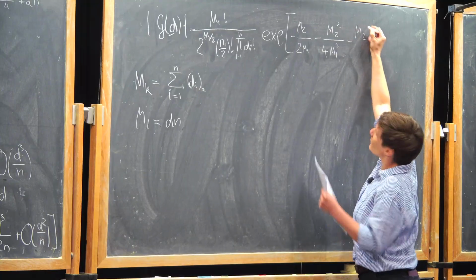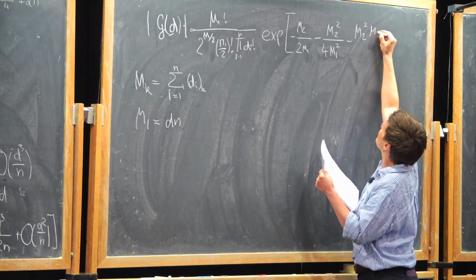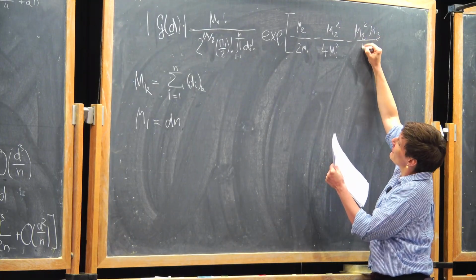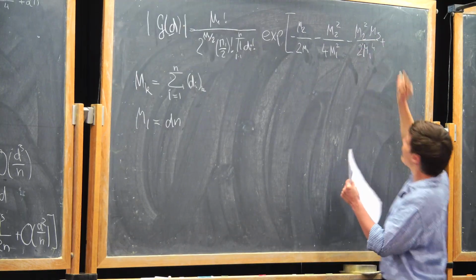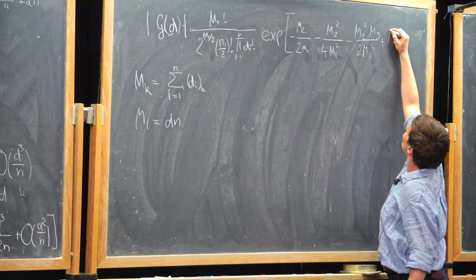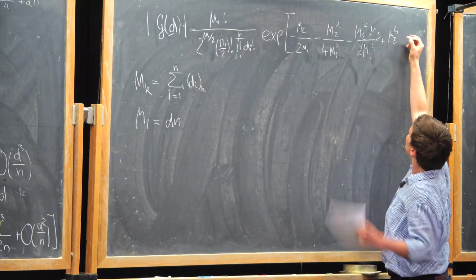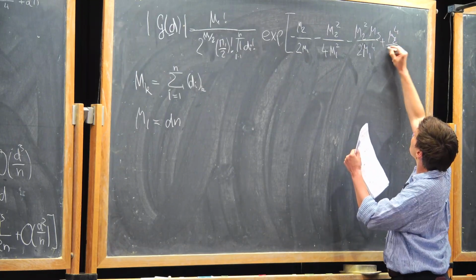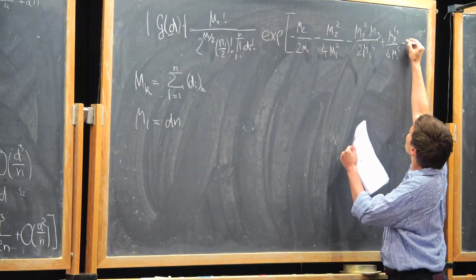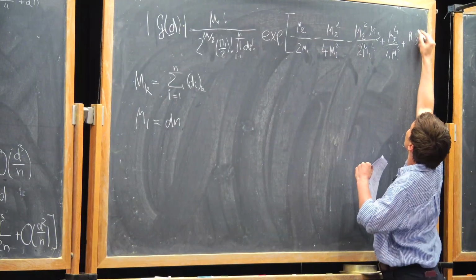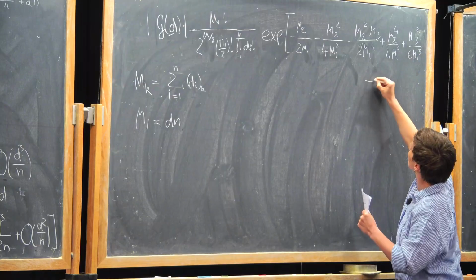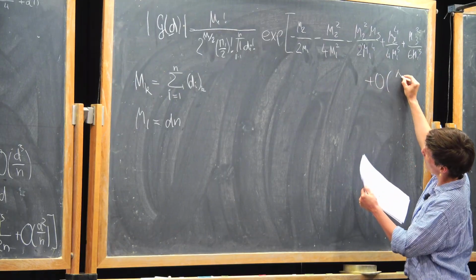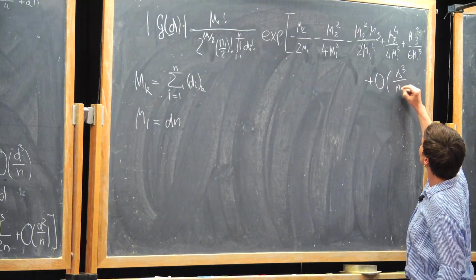And then minus m2 squared m3 over 2m1 to the 4, and then there come two more terms, m2 to the 4 over 4 m1 to the 5 plus m3 squared over 6 m1 cubed, plus big O of d cubed over m1.